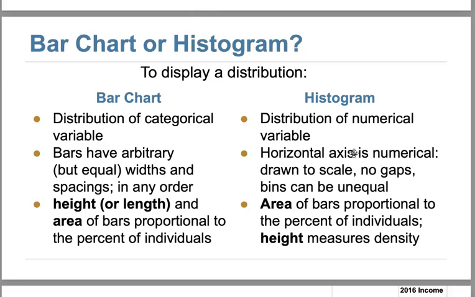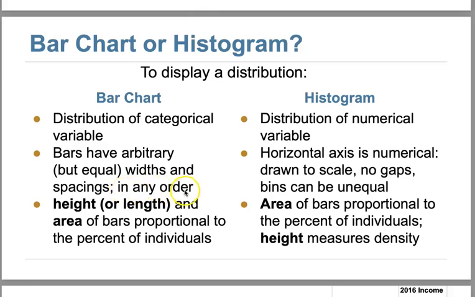In this lecture, we talked about the bar chart at the beginning, which is used to show the distribution of a categorical variable. The histogram is the distribution for a numerical variable. For a bar chart of categorical data, the bars have arbitrary but equal width, and the spacing can be in any order you want.